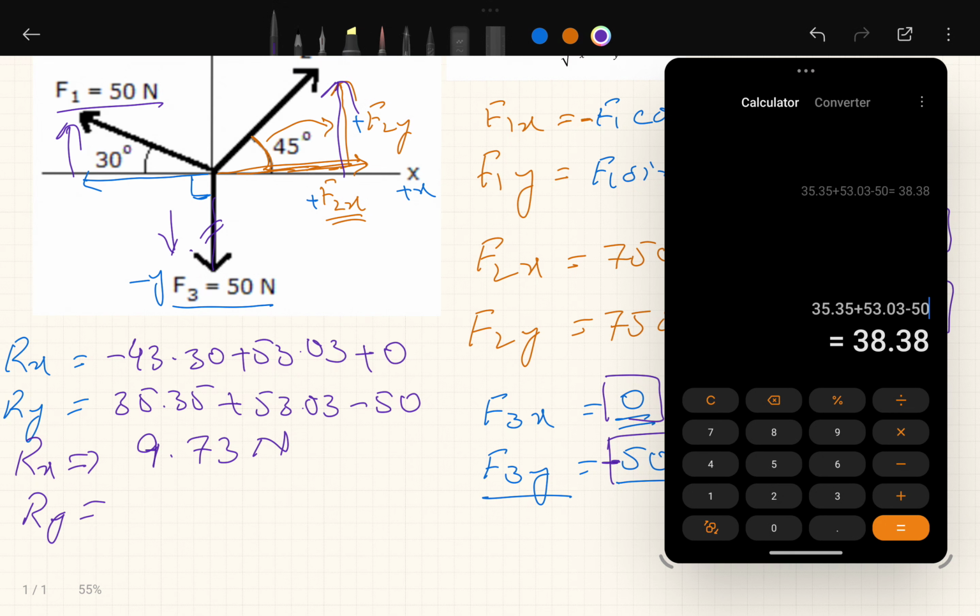It's 38.38. Okay, so we got our x and our y components.